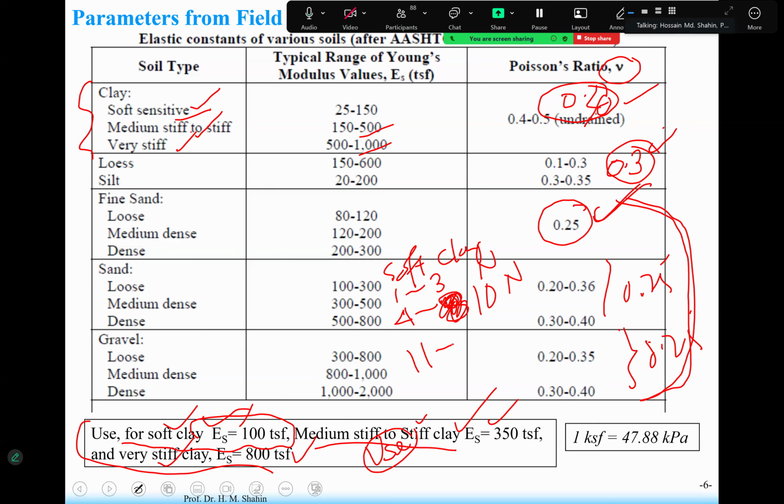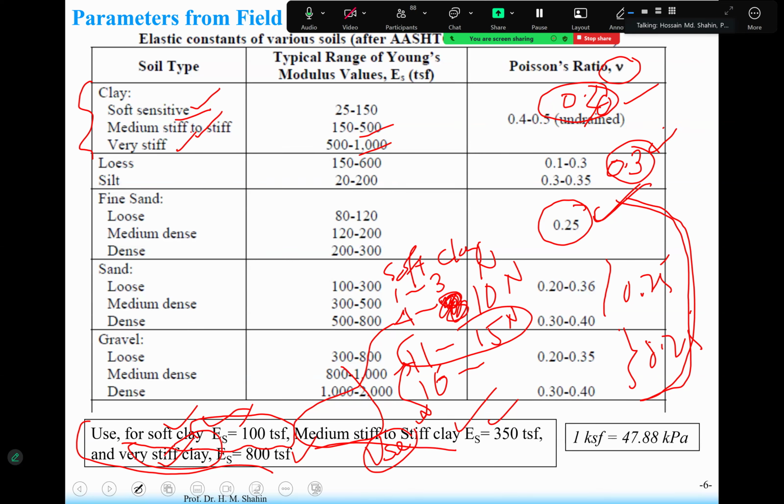Then it is up to 15. So if it is more than 16, whatever it is, it is N. This is medium stiff. Then this is stiff, and then this is very stiff.